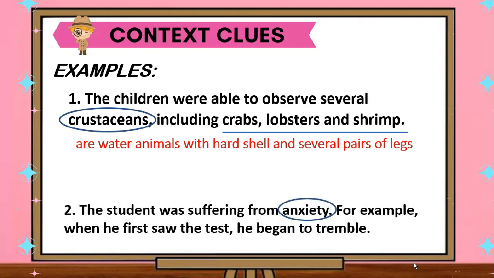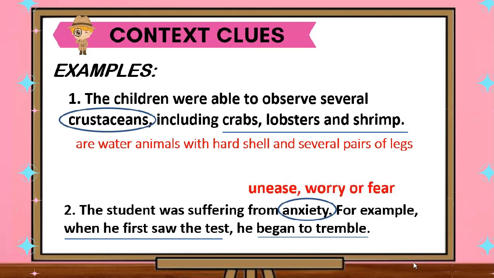When he first saw the test, he began to tremble is an example of the things that might happen to students who are suffering from anxiety. The word for example signals that an example is being used as type of context clue. Through the context clues in the sentence, you will be able to figure out that anxiety means unease, worry, or fear.